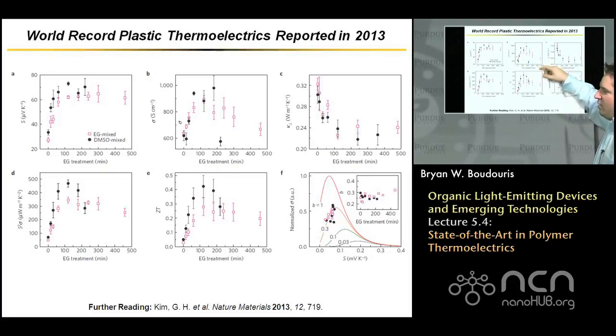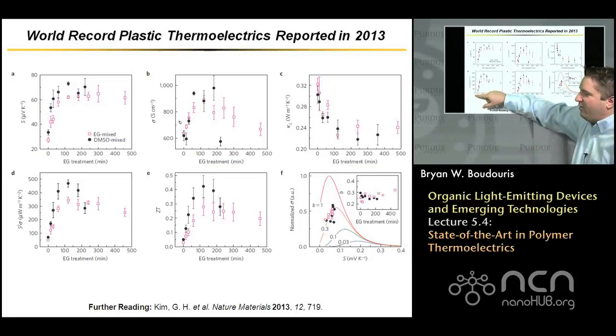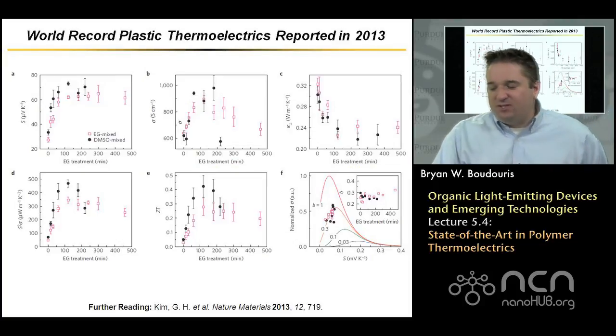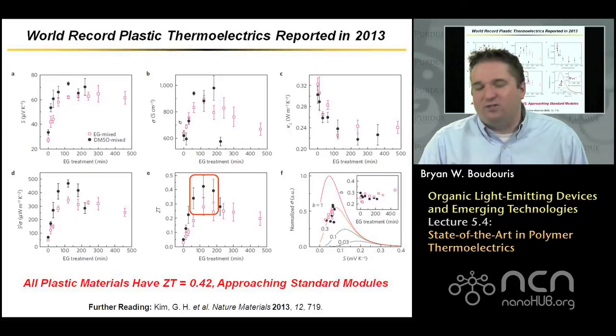The thermal conductivity doesn't really change. It stays at roughly 0.28. So that tells us that our ZT will actually increase in the same manner as the power factor increases. And when that happens, we see that we can get up to 0.42 ZT at room temperature.